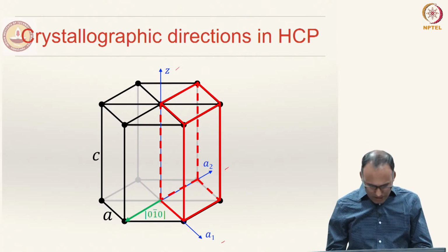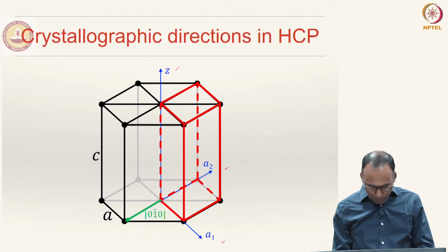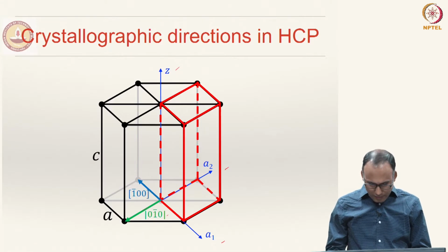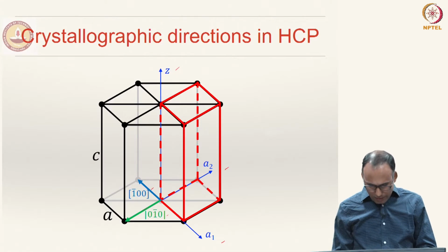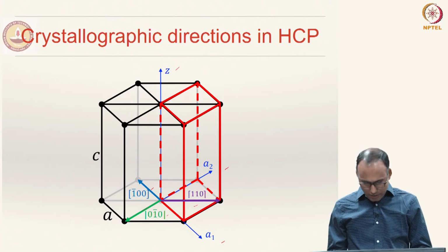Now let us look at this particular direction. The projection of this line onto the A1 vector is 0, and the projection onto A2 is 1 bar because it is in the negative A2 direction, and the projection onto the Z axis is 0, so this direction is 0 1 bar 0. Then if you take this one, again 1 bar 0 0, but if you take this direction, then you have 1 1 0.